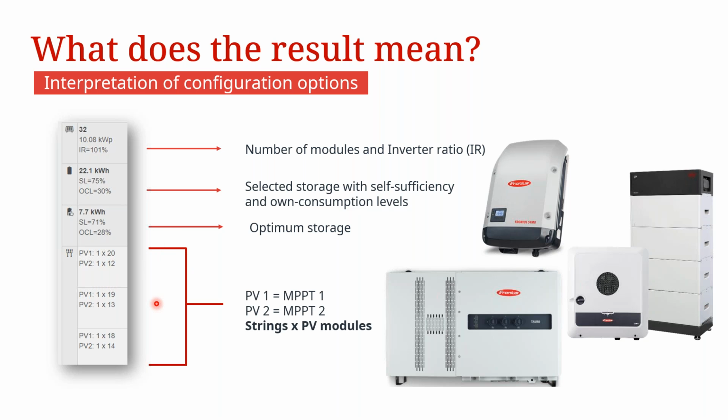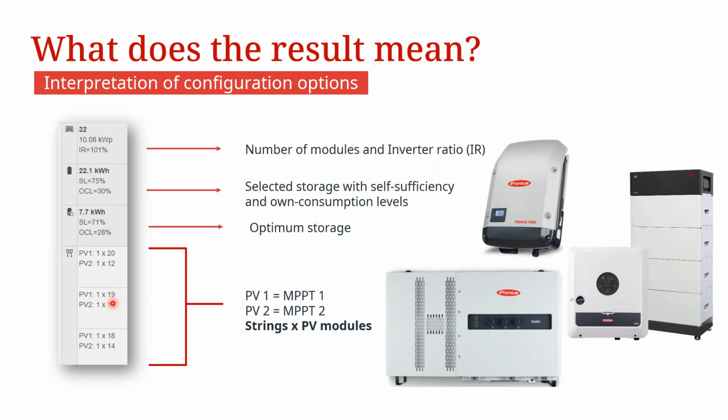And most importantly, for the solar configurator, you want to verify that your string design is going to work with that particular inverter. So in this case, we can see that for the 2 MPPTs, we have the possibility to connect an unsymmetrical number of modules. For MPPT number 1 or PV1, we are connecting 1 string with 20 modules. And for MPPT number 2, which is PV2, we are connecting 1 string with 12 modules.